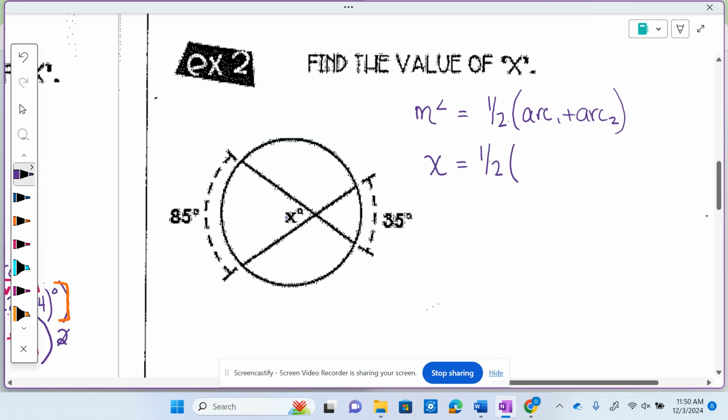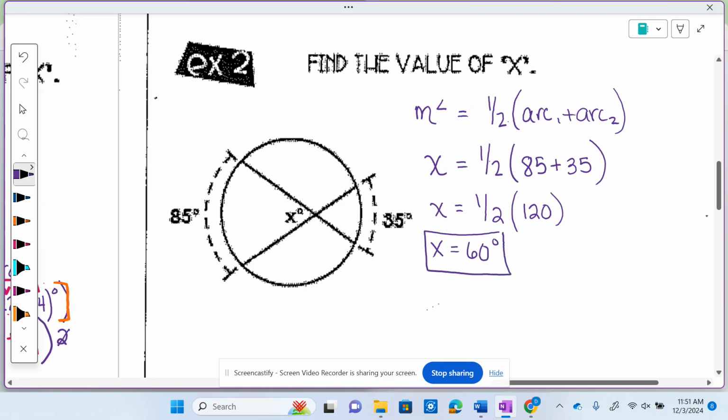What are the measures of my arcs? Yeah, 85 plus 35. So what is 85 plus 35? And half of 120 is 60 degrees. X equals 60 degrees.